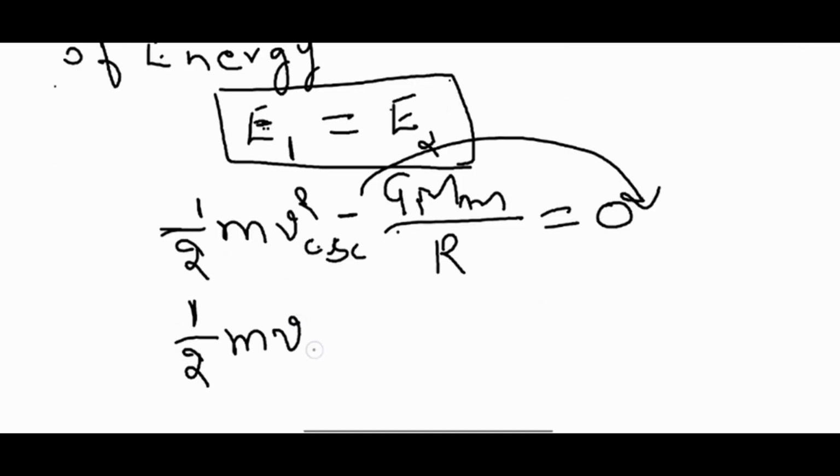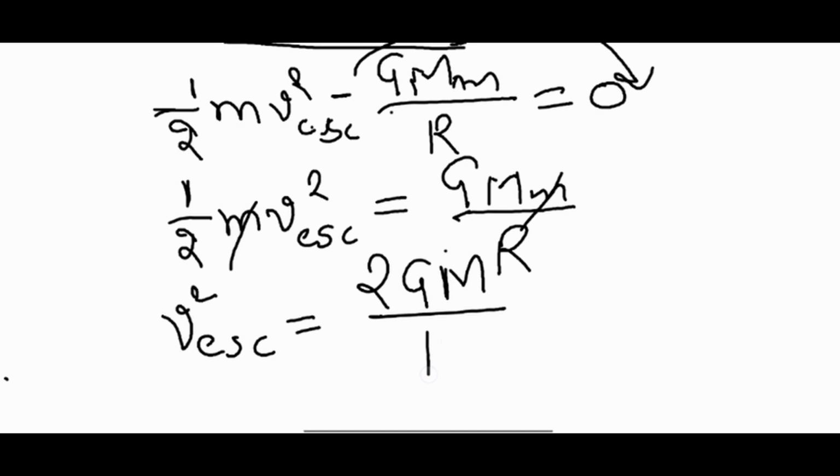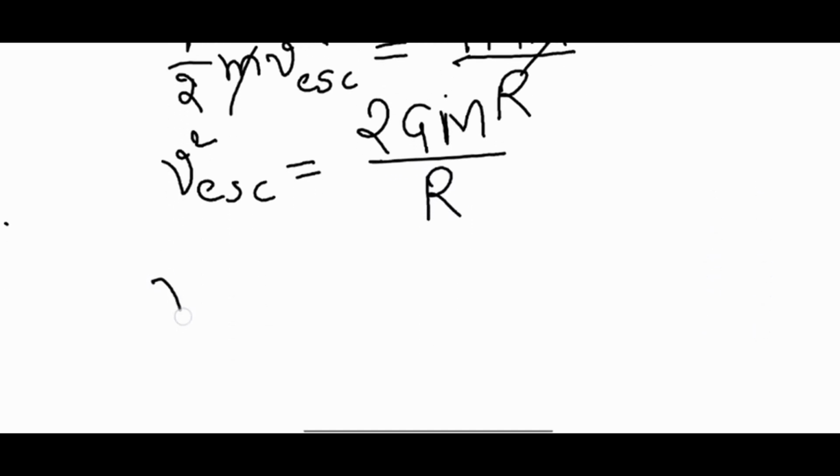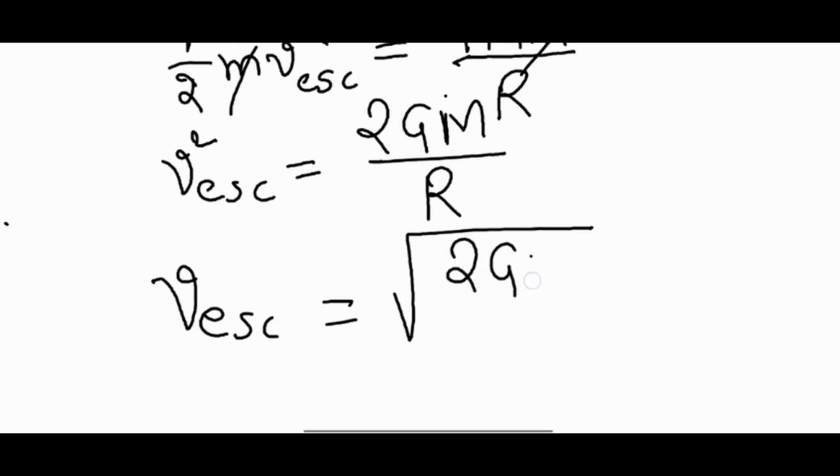That means half m v escape velocity square is equal to GMm upon R. Now the escape velocity square is equal to 2GM upon R. Therefore, escape velocity is equal to square root of 2GM upon R.